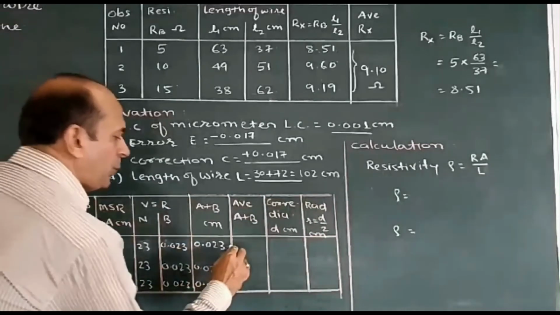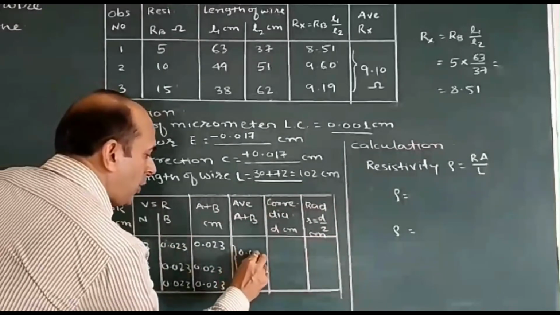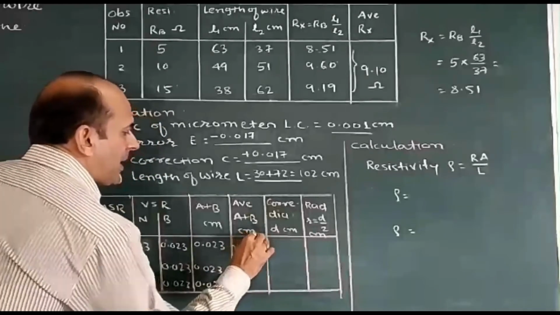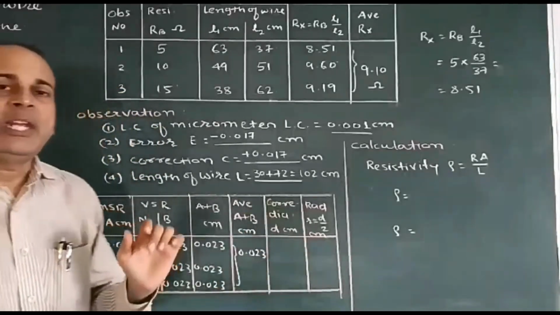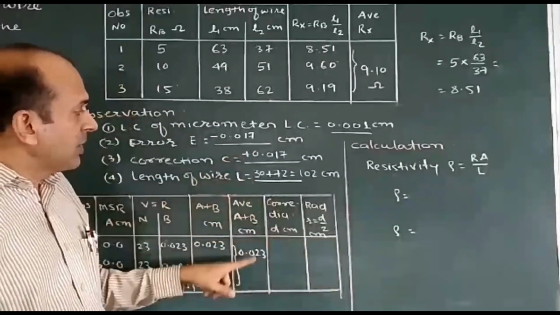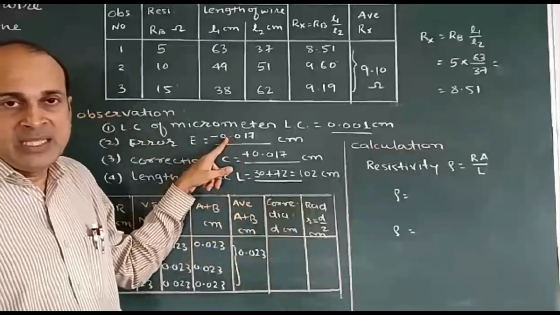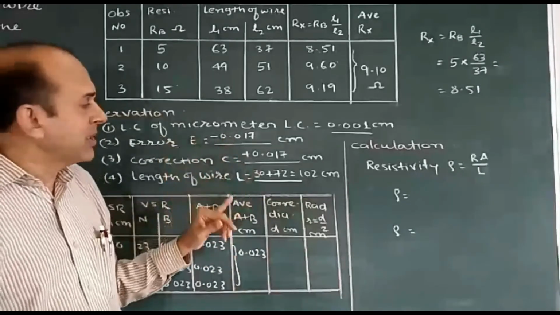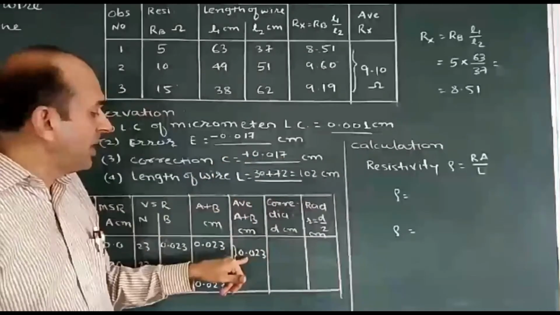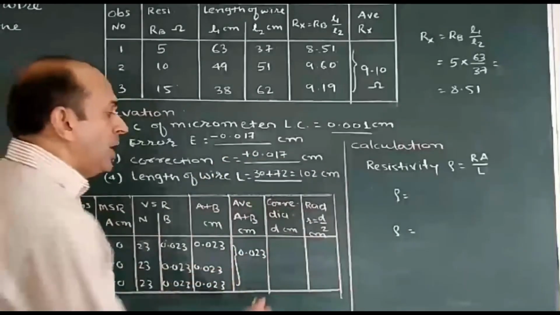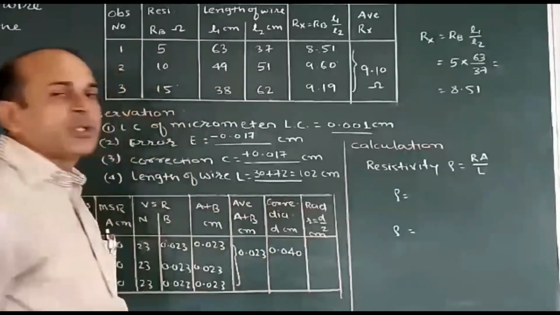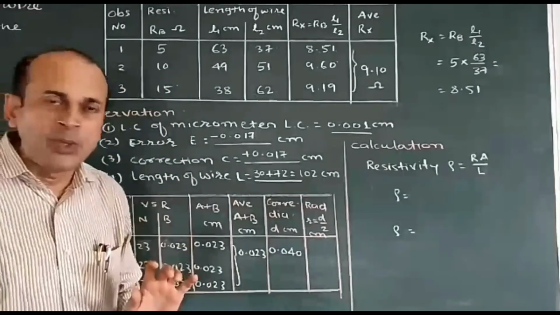It is equal to 0.023 centimeter, the diameter of the wire, but it is the observed diameter. As per the error, we have to add. The error here is negative, so the correction will be positive. So we have to add 0.017 and 0.023. So the corrected diameter is 0.040 centimeter.